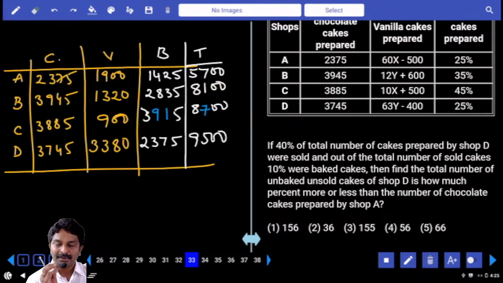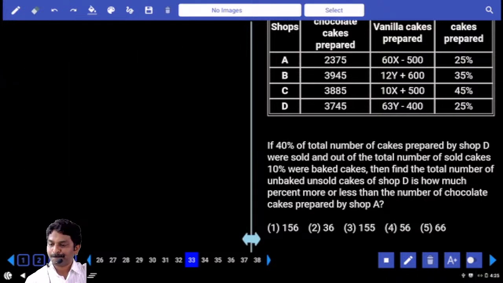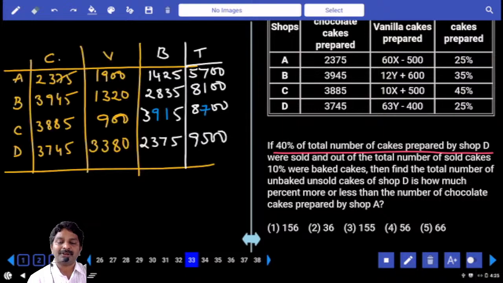Okay. So now, 40% of the number of cakes prepared by shop D were sold. Shop D total, how much do we have?